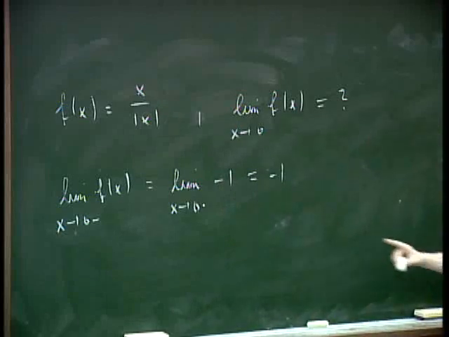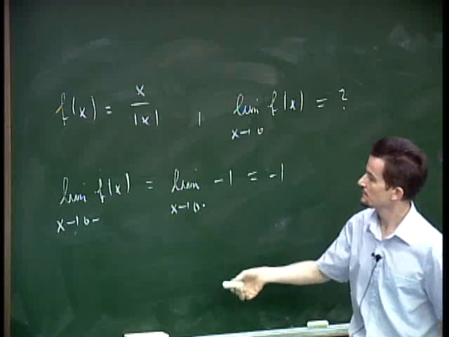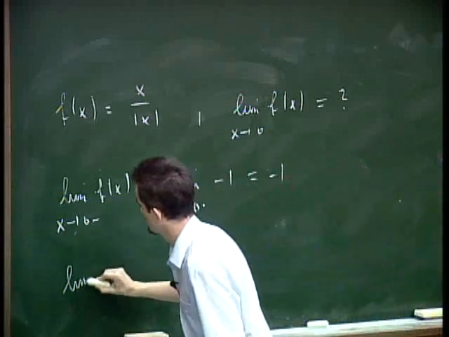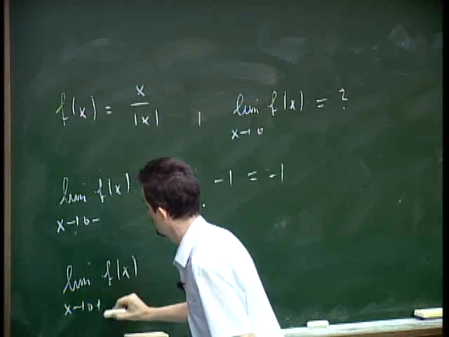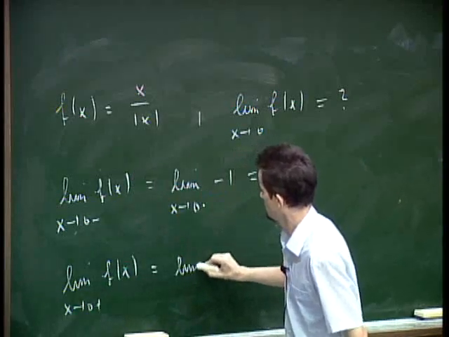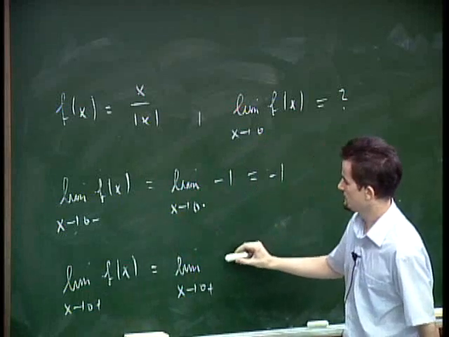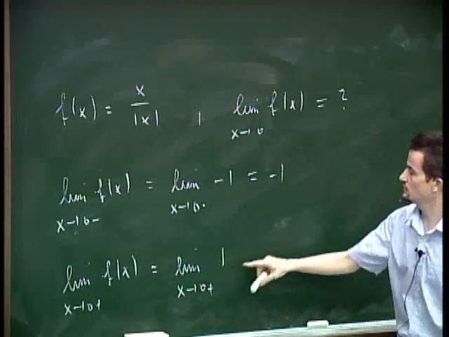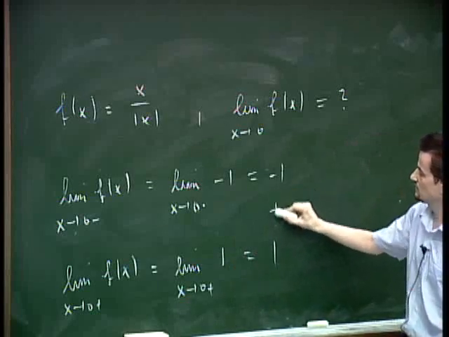This is one limit law. Now for the right-hand limit, you do the same. With the right-hand limit, here you have 1, so you get 1, and you see that those two are different.